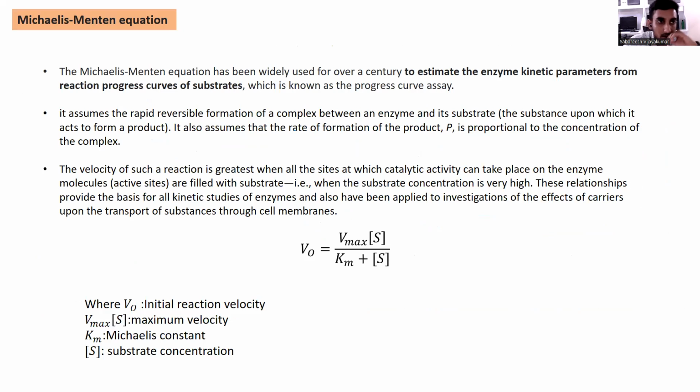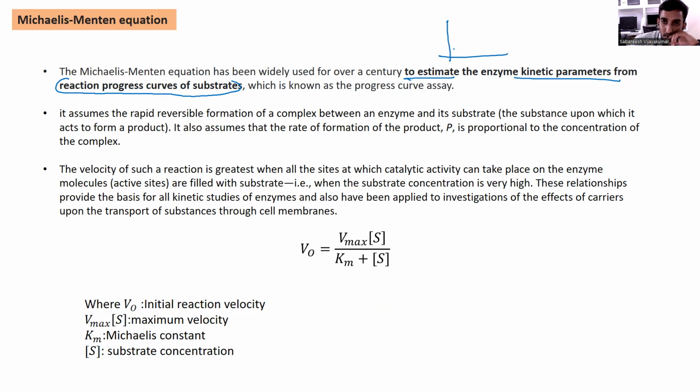Next, one of the important concepts that was discussed last week was the Michaelis-Menten equation. Why is it important? It has been used widely for over a century to estimate the enzyme kinetic parameters from the reaction progress curves, that is, how the reaction progresses over time.